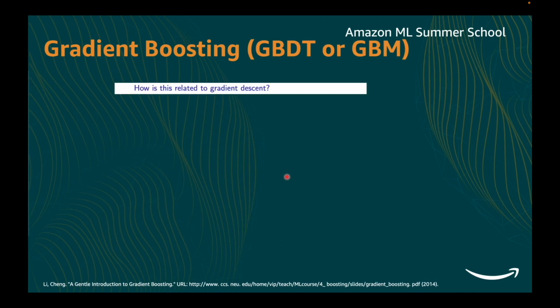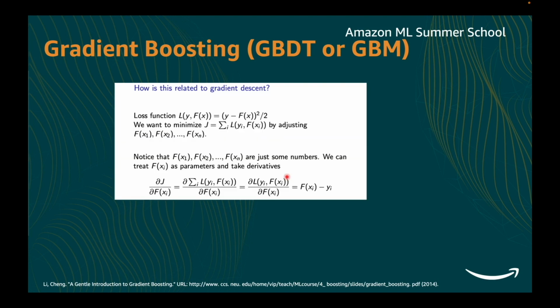So now let's discuss how this works and why it's related to gradient descent, and why the gradient part comes in this boosting procedure. Like we said, we had the loss function, which is just over here, the squared loss. You're dividing it by 2, and this is a very okay thing to do. You can always scale your losses by any value.